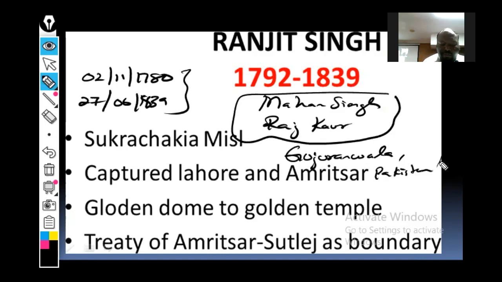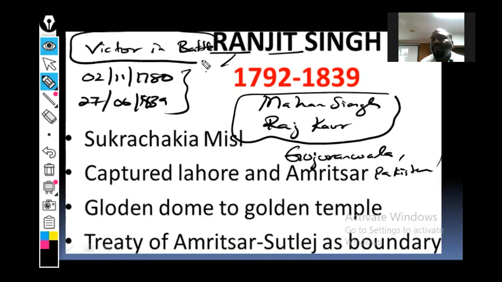What does his name stand for? Ran means battle, Jeet means victory. That means his name translates as victor in battles. So he was true to his name. He was a victor in battles.